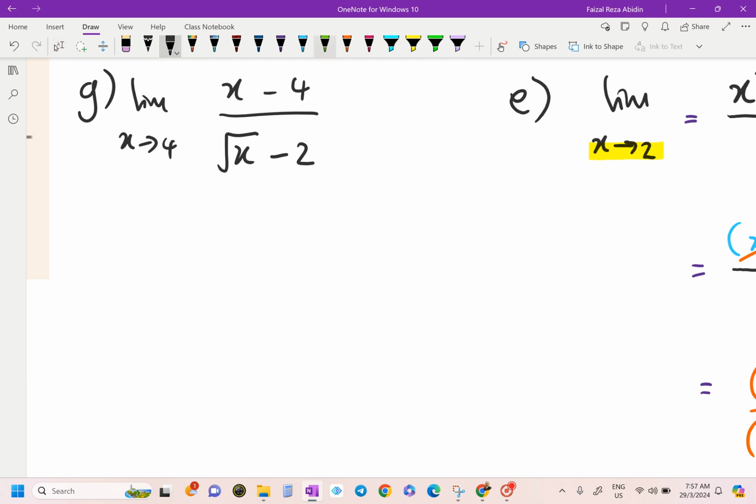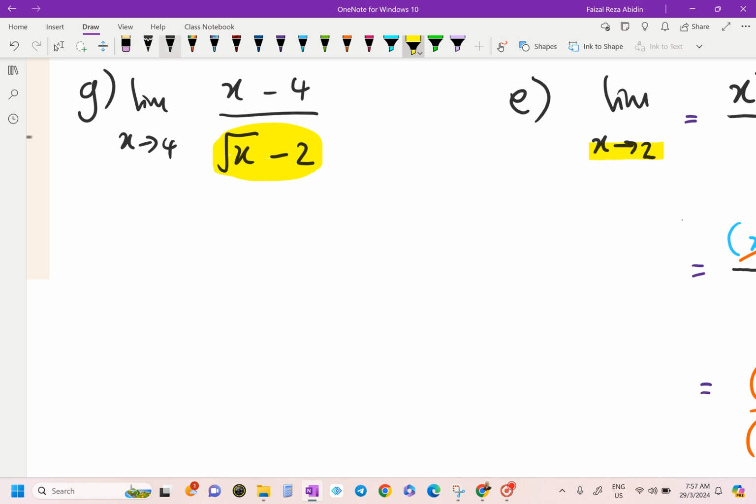So what happens here? We have x minus 4 over square root of x minus 2. Look at the denominator: we keep the same square root of x, but times it with plus 2.